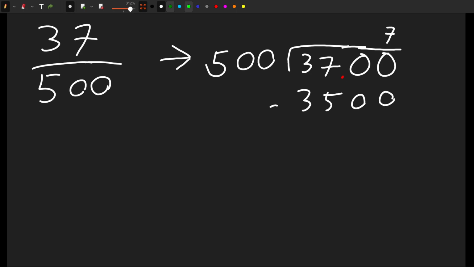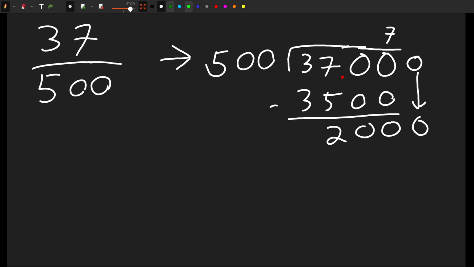Subtract this out. 0 minus 0 is 0. 0 minus 0 is another 0. 7 minus 5 is 2. 3 minus 3 is nothing. I'm then going to add another 0. Bring that down. And so now can 500 go into 2000? It can. It'll go in 4 times. 500 times 4 is 2000.